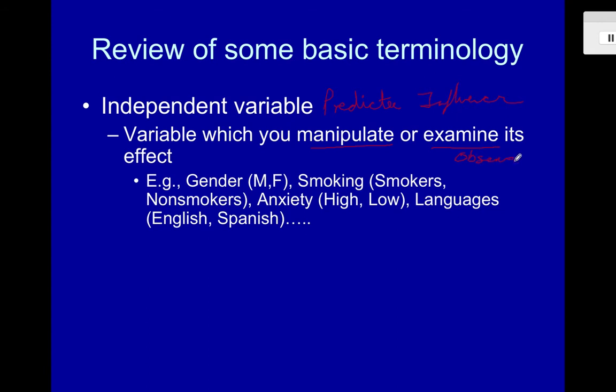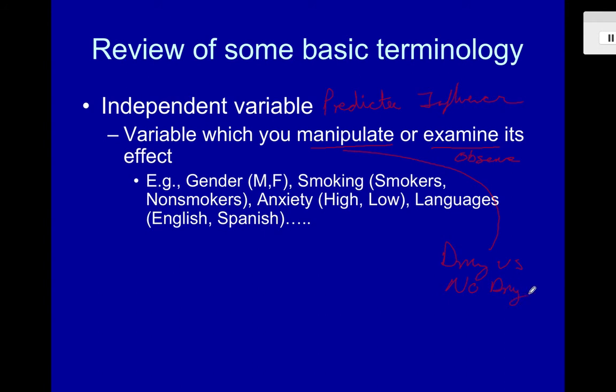Okay, now why is it that I make this distinction between manipulate and observe? Well, because in certain situations I can be in direct control, because that's what manipulate means. I can be in direct control of my independent variable. So for instance, think of like a treatment. So receiving a drug versus no drug. Okay? So here I can be in control of that.